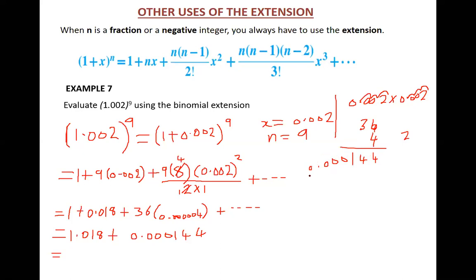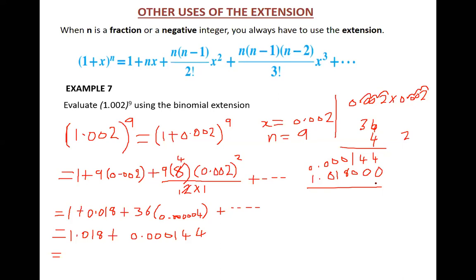Okay, I'll put the decimal point here in the same line. So I'll add 1.018. Now you start adding 0. Where there is nothing yet, you just replace with zeros.